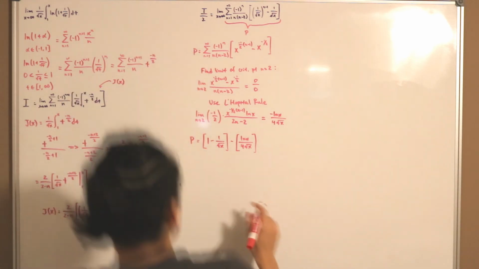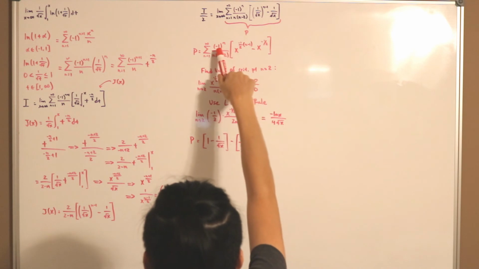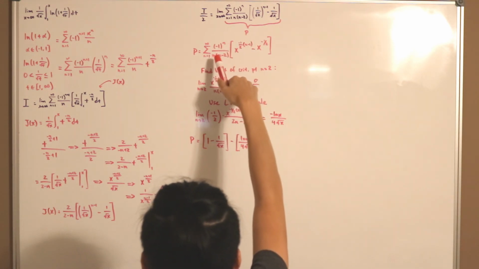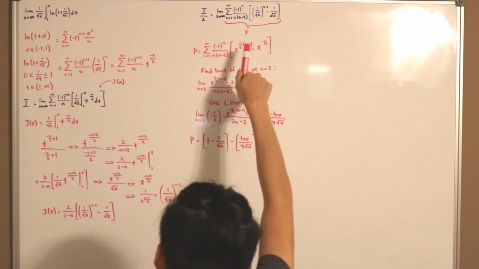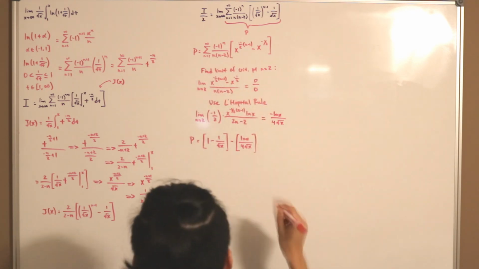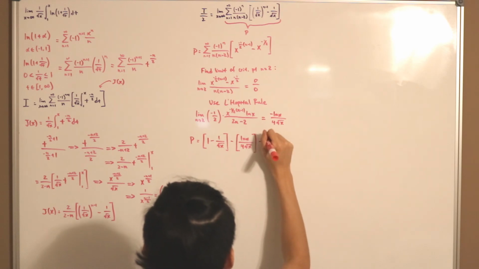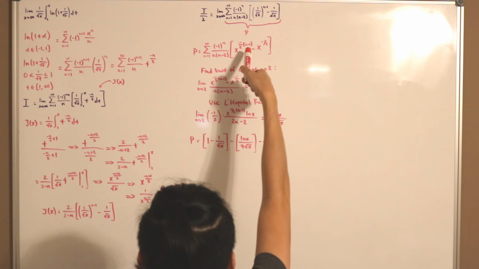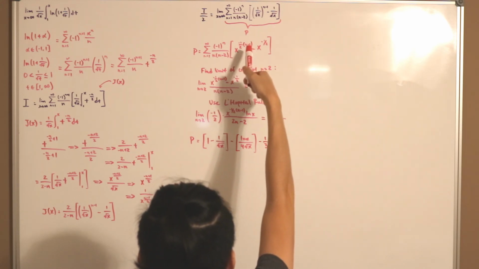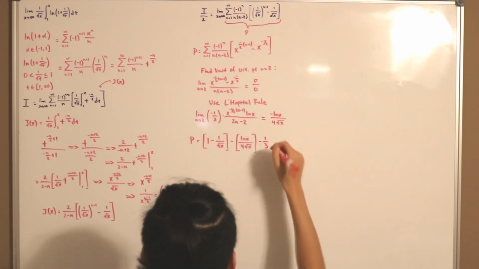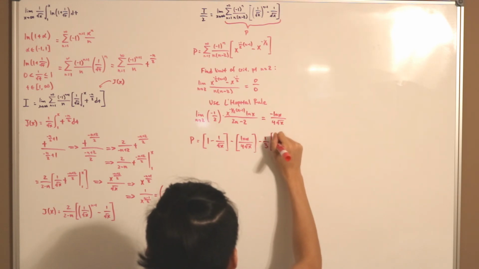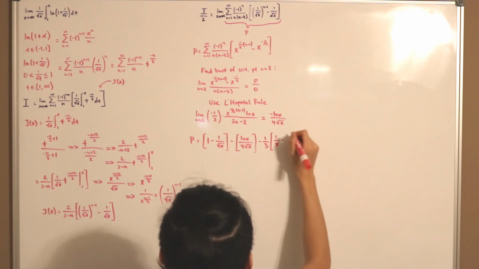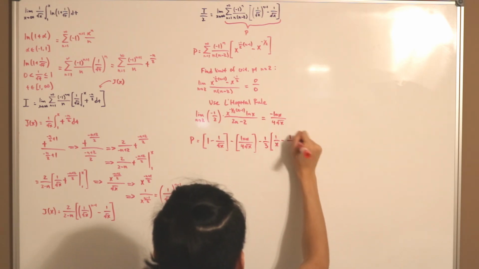Now next is when n is equal to 3. When you plug n is equal to 3, negative 1 raised to the 3 is negative 1. 3 times 3 minus 2, so that's 1 times 3, so that's a minus 3. And then when you plug 3 here, 3 minus 1 is 2, so this is x to the negative 1, so this is 1 over x, then minus 1 over the square root of x.